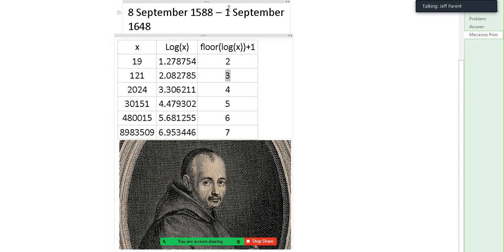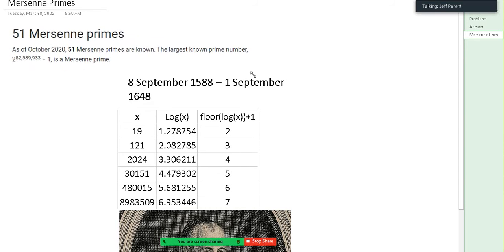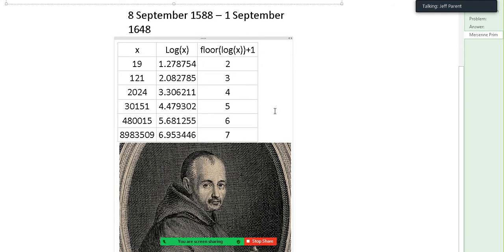Well, it's something that I thought about when I was in college, because in college, and still to this day, they're fascinated by the largest prime numbers. So in this case, a Mersenne prime number, named after a 16th and 17th century monk named Mersenne.